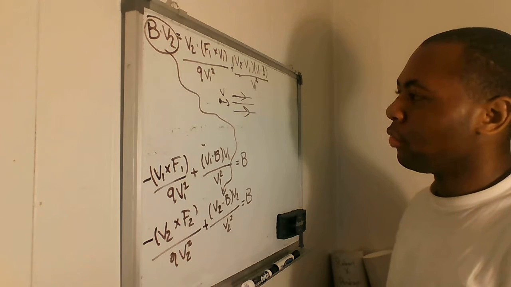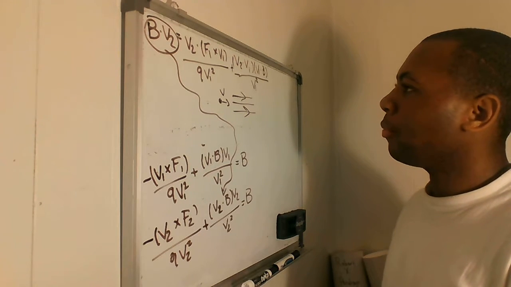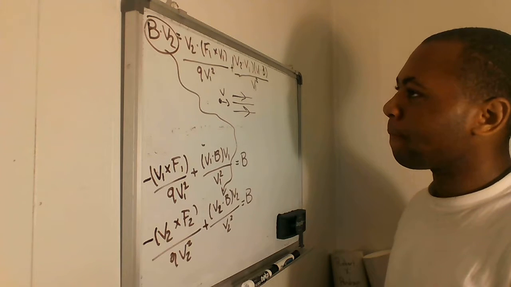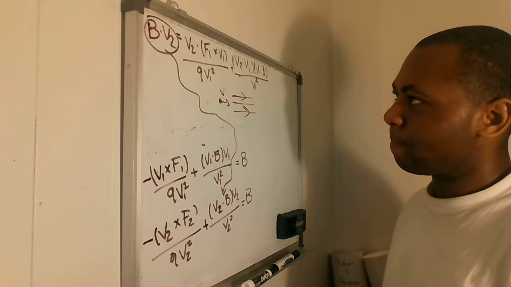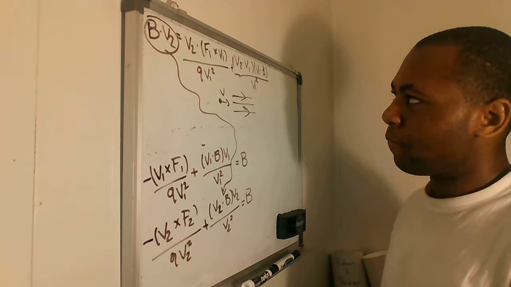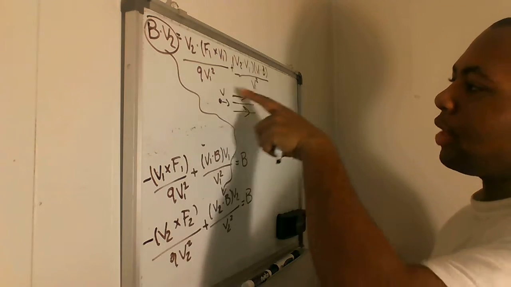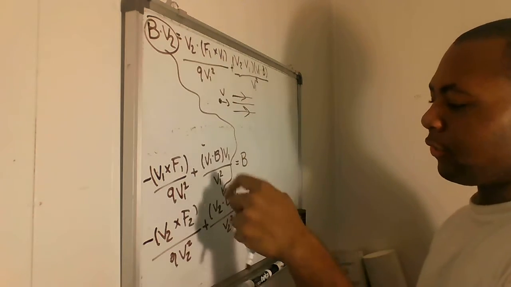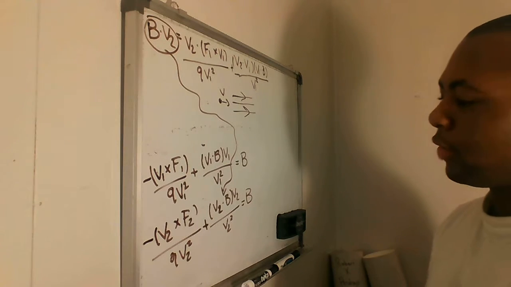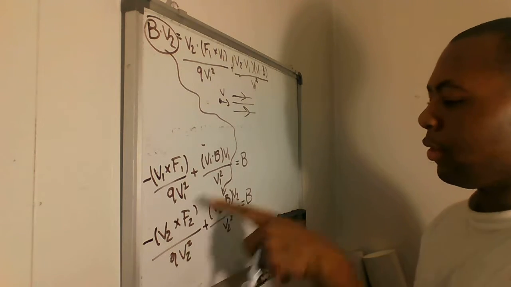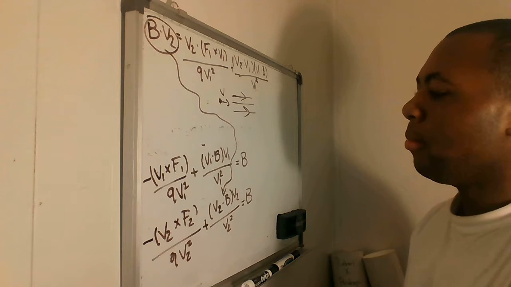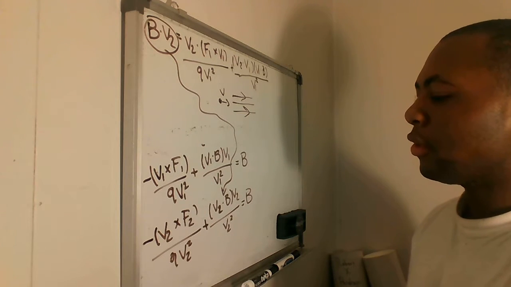We can do something really nutty. What can we do that's nutty? We'd have to put all of this into this function for B dot V2, and that would be your function for B. But is there a way of simplifying this?